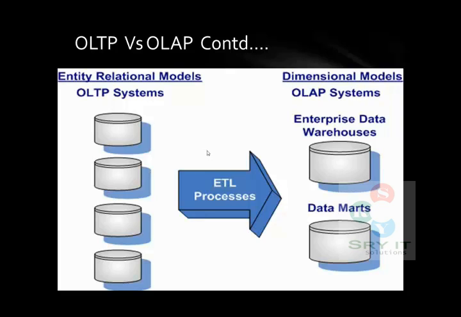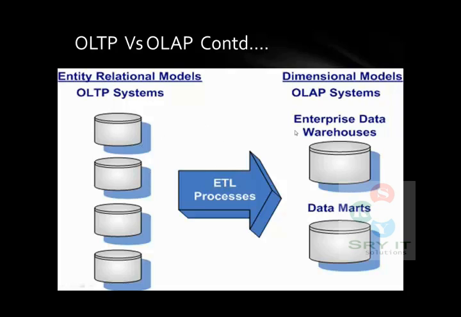Okay. See here, we will have n number of OLTP systems, and we can load the data from these OLTP systems into the OLAP system, the enterprise warehouse. While loading the data from these OLTP systems, we can implement the ETL process. ETL is nothing but E for extraction, extracting the data from n number of OLTP systems, and T for transformation.